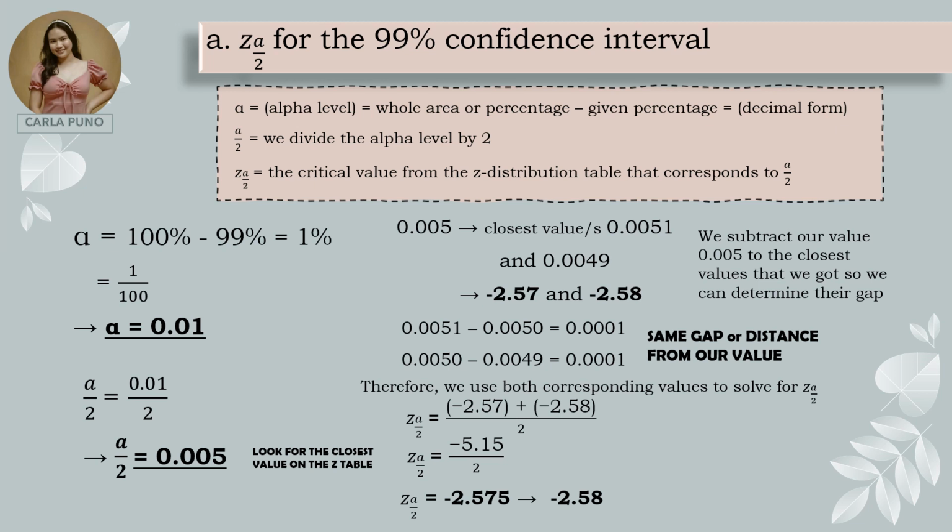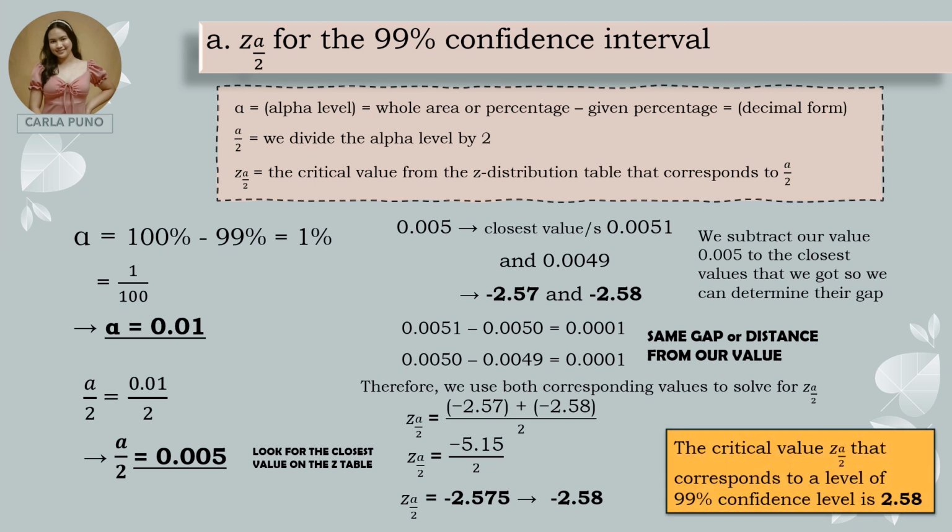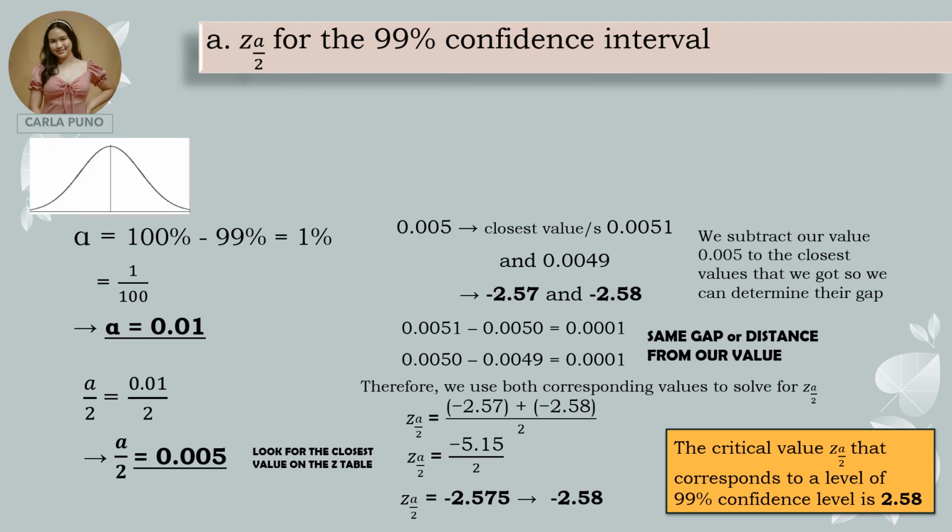Now we have negative 2.575, which rounds to negative 2.58. We have two decimal places. And therefore, the critical value of Z alpha divided by 2 that corresponds to the 99% confidence level is 2.58. Our answer will be positive.